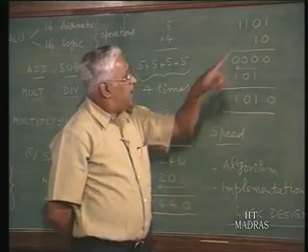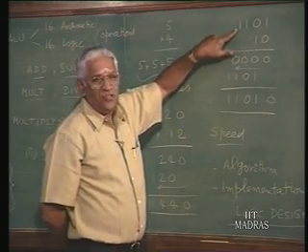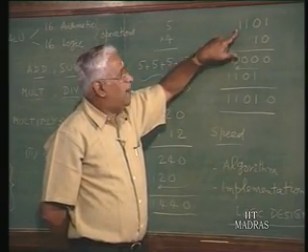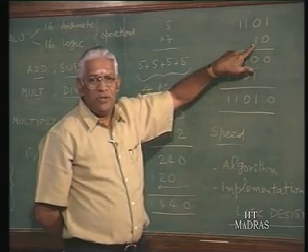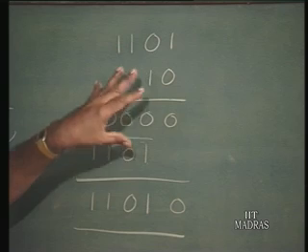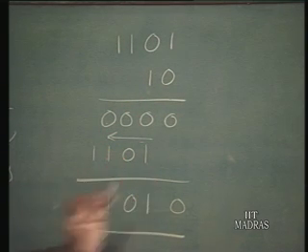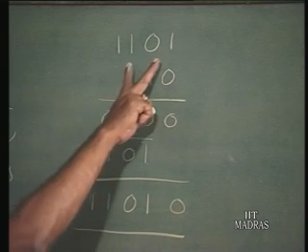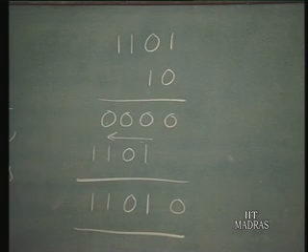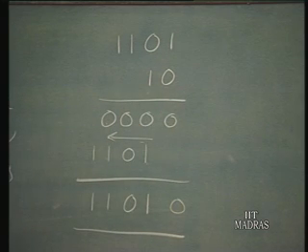Even in this particular example, the multiplicand is a 4-bit number and the multiplier is a 2-bit number. It is all right for us, but when it comes to hardware implementation, where exactly will the 4 bits fit in the 8 bits, and which 2 bits of the 8 bits will the multiplier fit in?